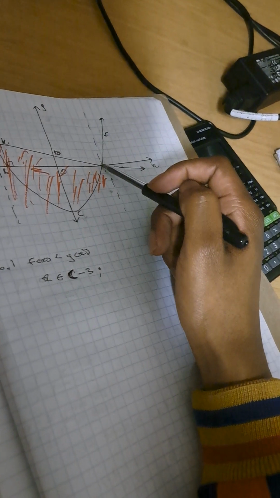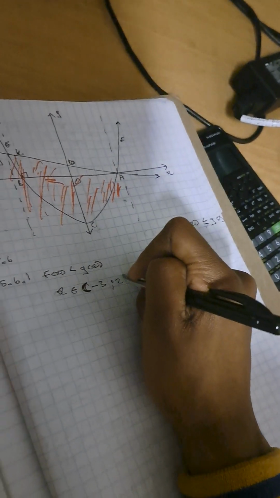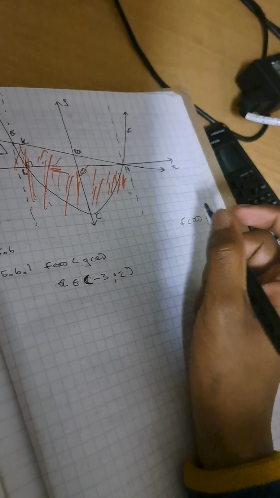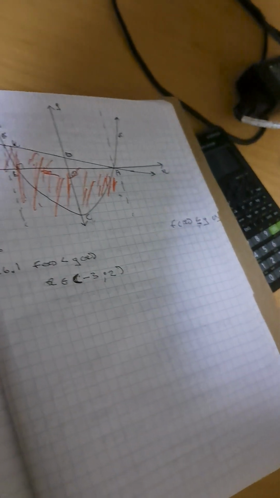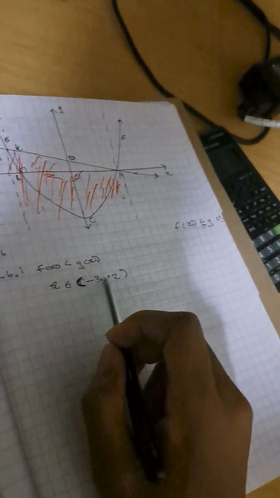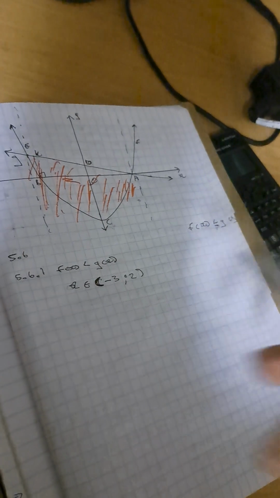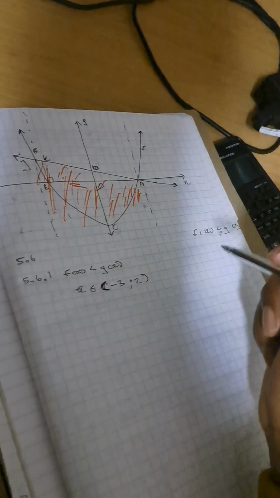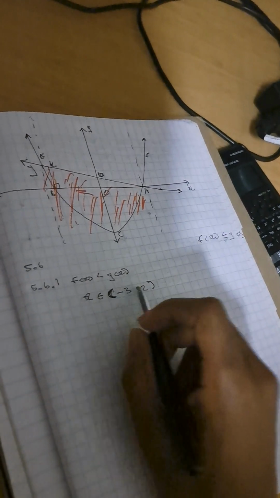So it happens at A again, so at 2. And then we use the parentheses again because we are not interested in the case where the two graphs meet. So we have to exclude 2. It's not part of the picture. If they said where is below and also equal to, we would include it, right? So this is the interval notation.